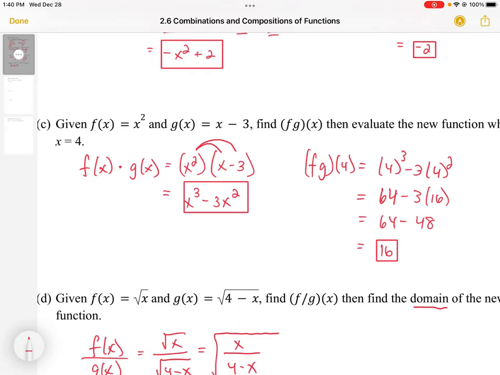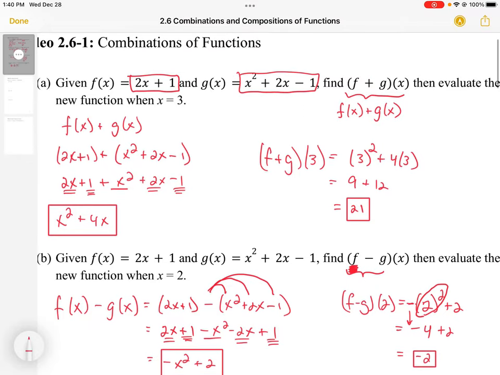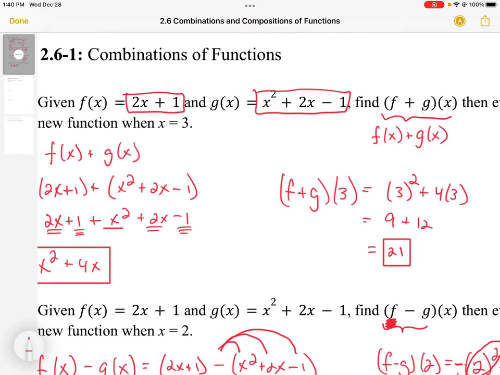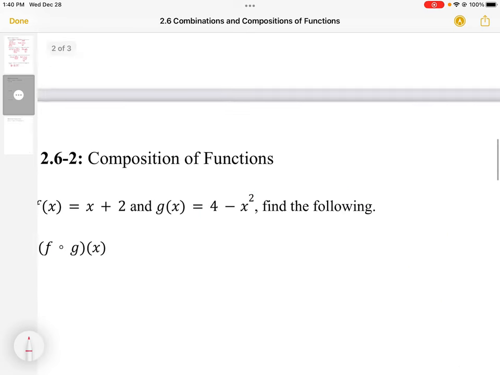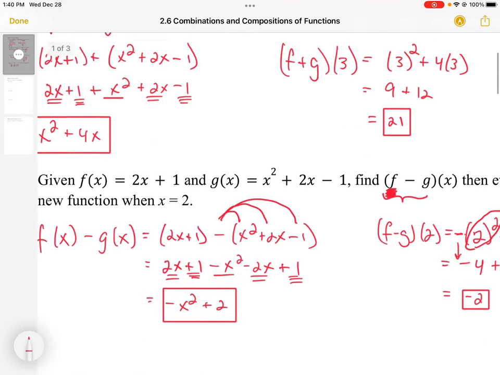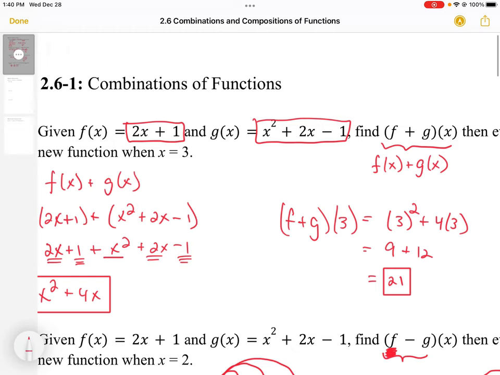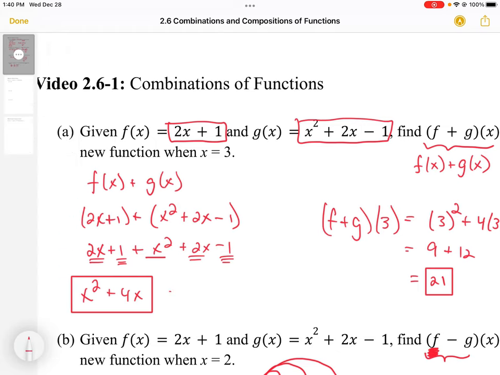So if, say, in part A, our domain of the first function, 2x plus 1, was all real numbers, and in g of x, our domain is all real numbers, then the domain of the function that we found is going to be all real numbers. And that's what the fancy R means right there.